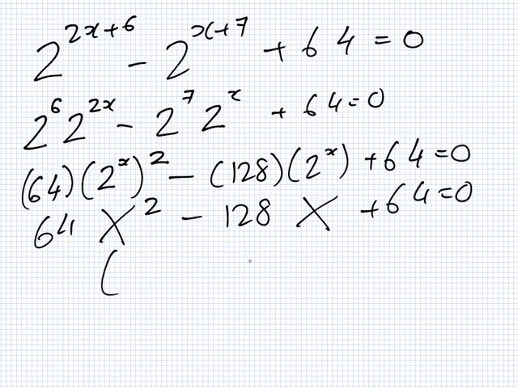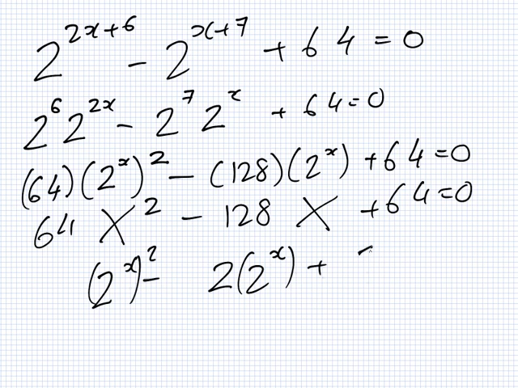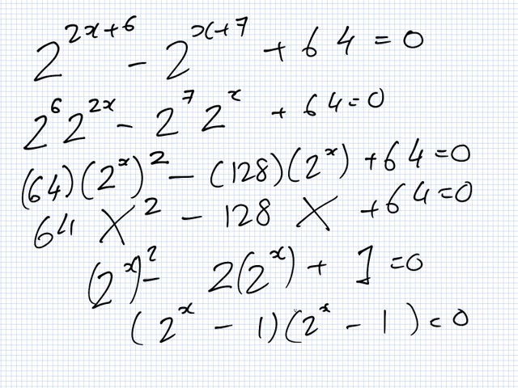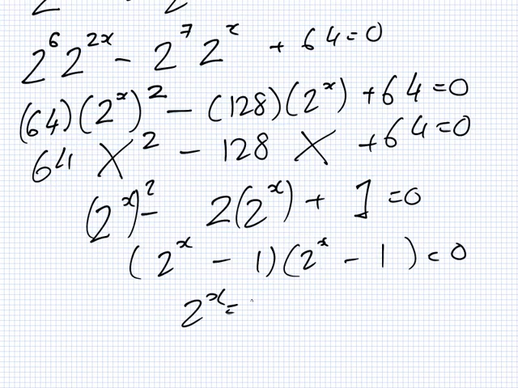So this is a bit like 64x squared minus 128x plus 64 equals 0. You know what? Actually, I should divide by 64 first. Make it easier. So I get (2^x minus 1)(2^x minus 1) equals 0. Well, it has to be a 1 and a 1, 2^x and 2^x, minus and minus. So I get only one answer. 2^x equals 1, which is 2 power 0.